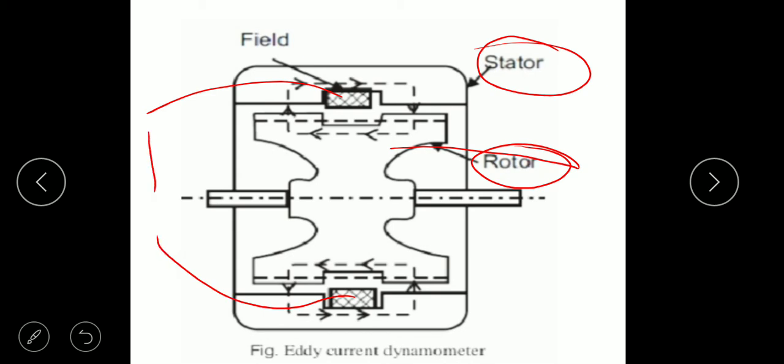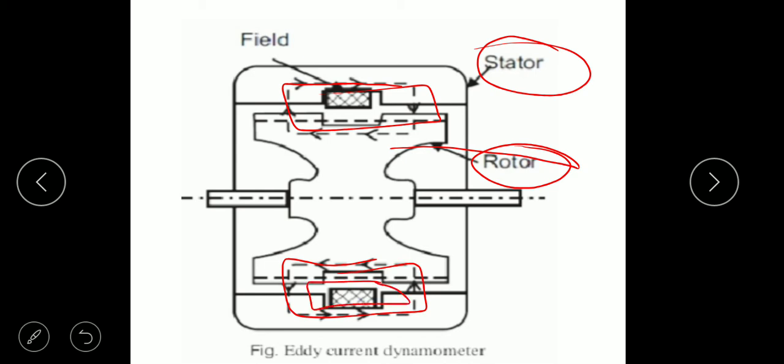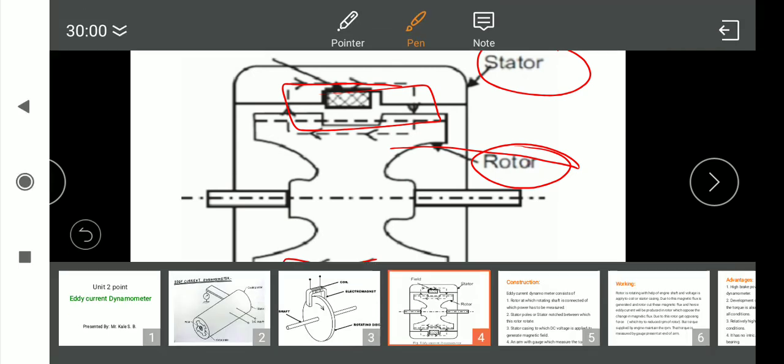Due to the current, a magnetic field will develop. In the diagram, this arrow-type shape indicates the magnetic flux or magnetic field. When current flows through the coil, the magnetic field develops, and initially the rotor is not rotating.